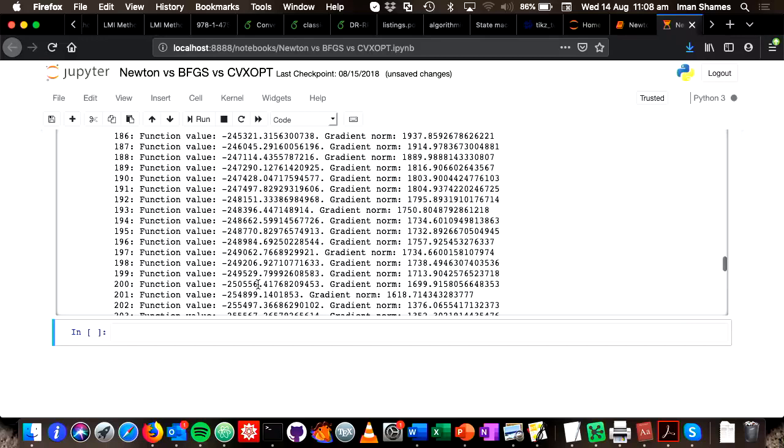So per iteration complexity is how many arithmetic operations, orders of arithmetic operations we need for each method. I have the Newton method, and then I have BFGS. Here n, so per iteration here is n cubed. BFGS is n squared. In this example, n is 100.